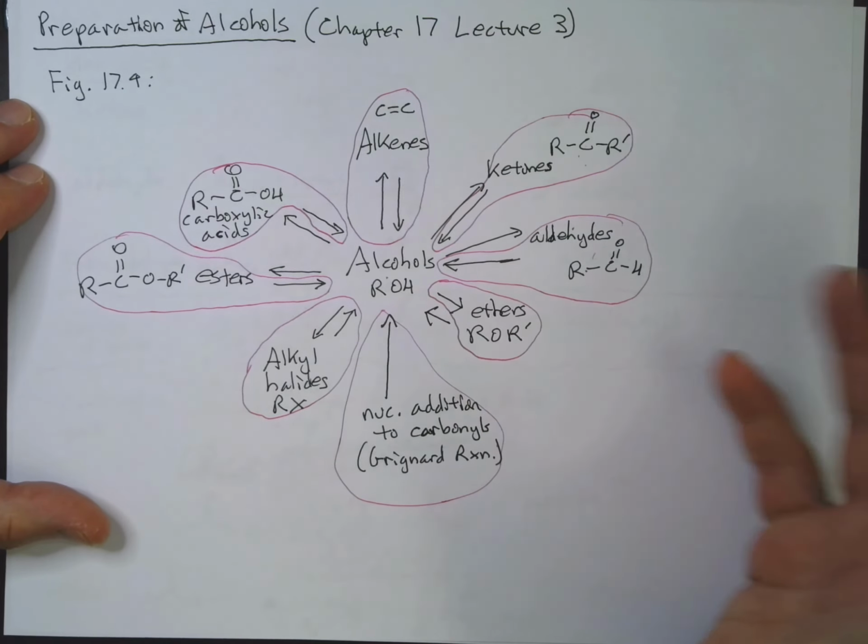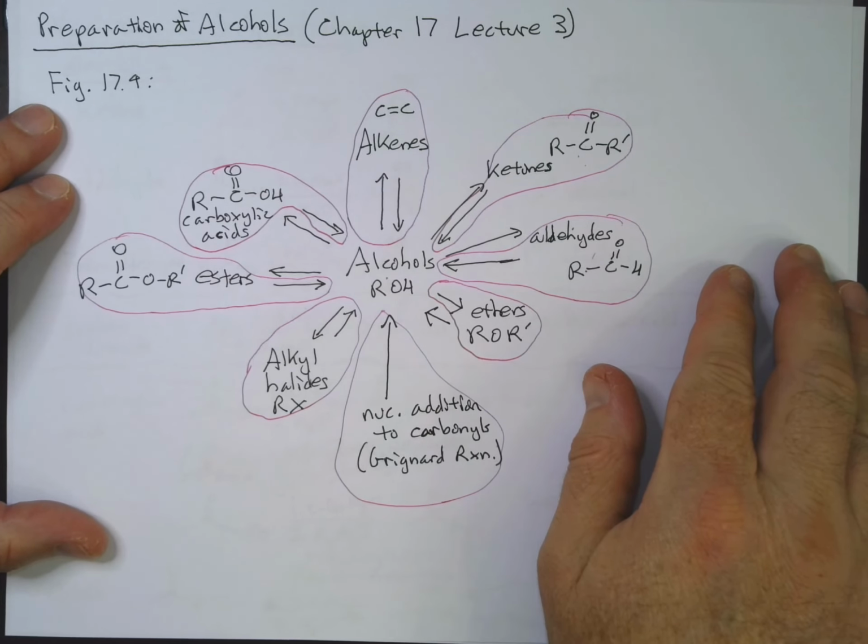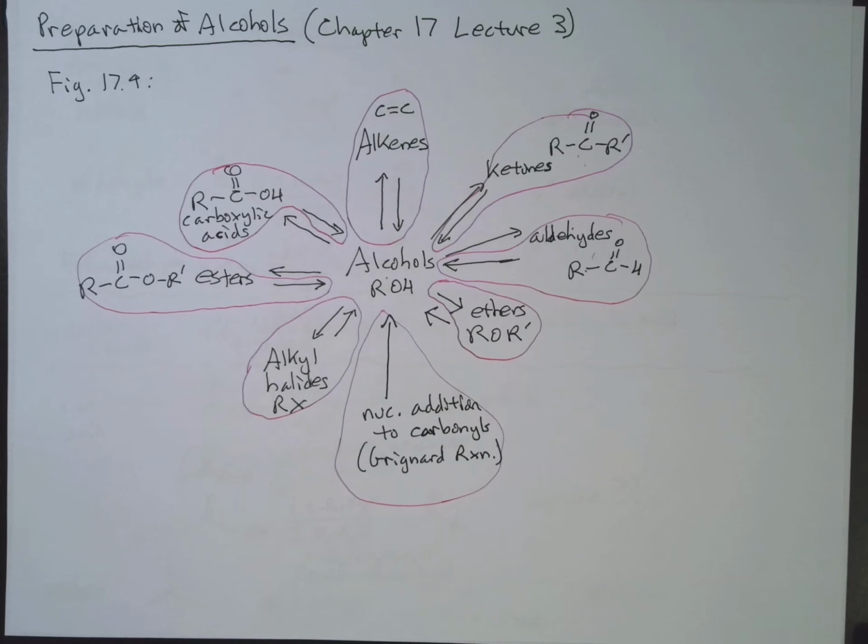I'll try to talk a little bit about using some of these reactions in synthesis as well, but we'll probably get to that a little later in the week. All right, so hopefully that was a good overview of all the reactions that will make alcohols for us, some that we've seen and then some new ones. And we'll talk about reactions that alcohols will undergo in the next video.